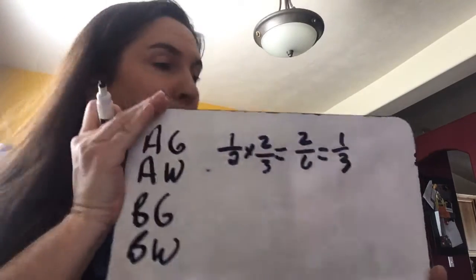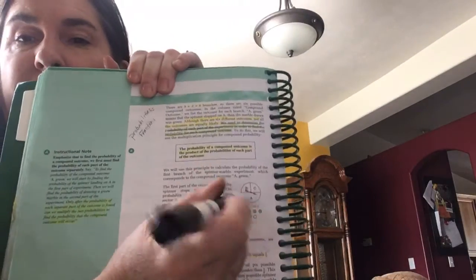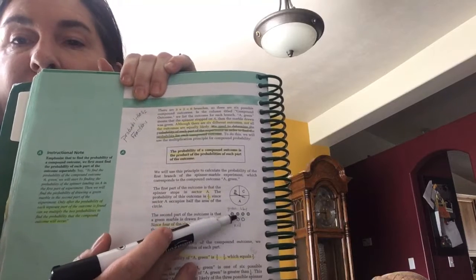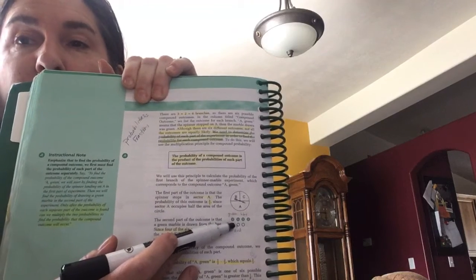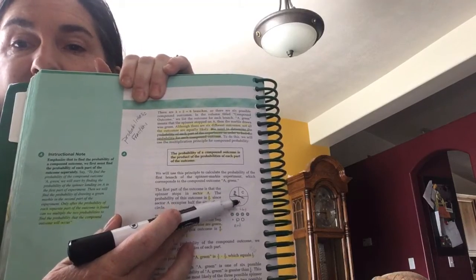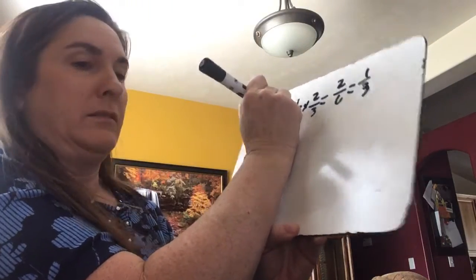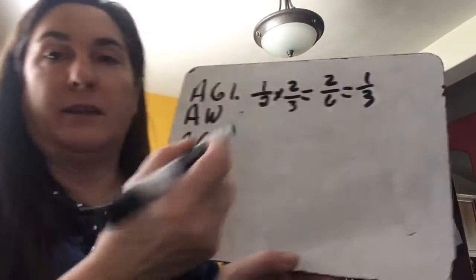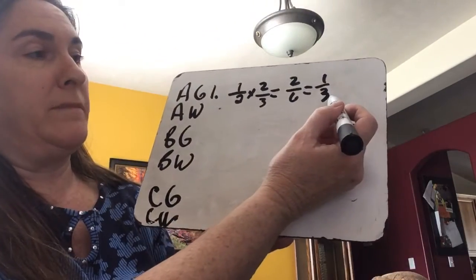Okay, so what we're saying is if we spun the spinner and picked a marble, out of every 3 times, one of those times we will get an A green. 1/3. 1/3 of the times we will spin an A and pick out a green. Okay, this is number 1. Okay, we've just done number 1.